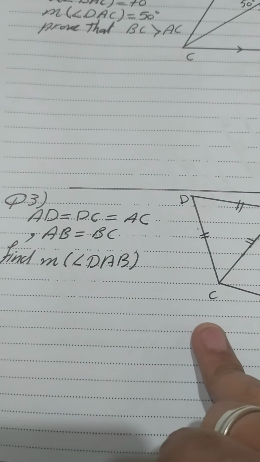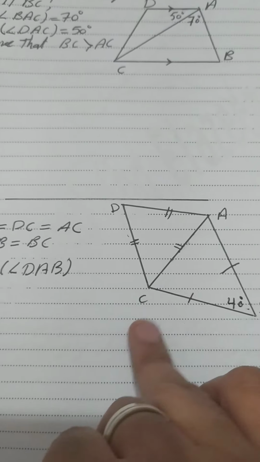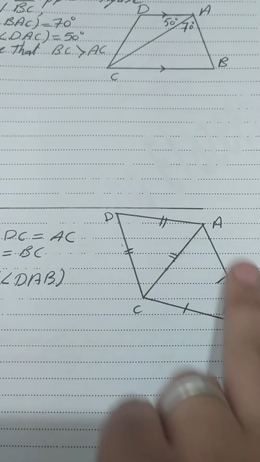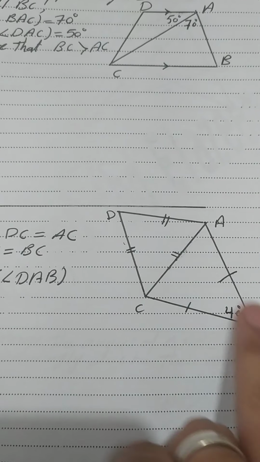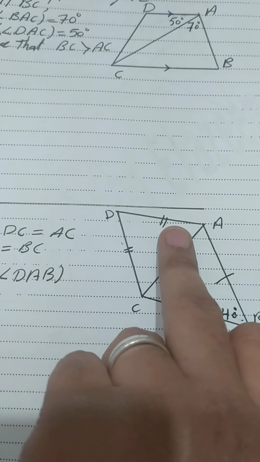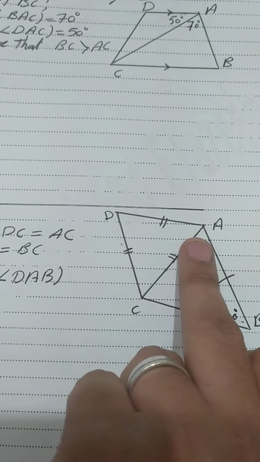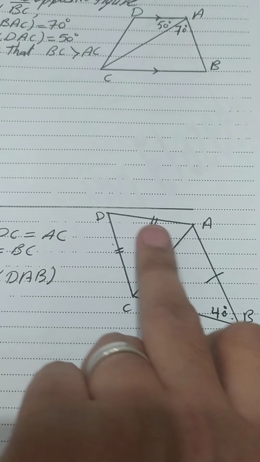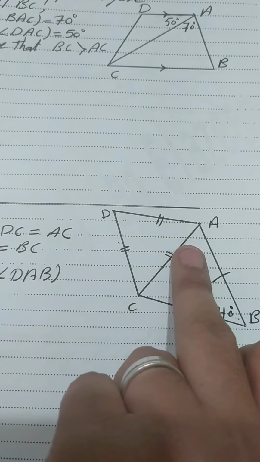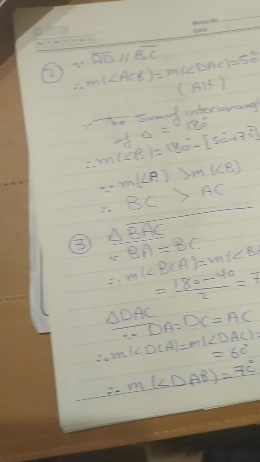I want the measure of angle DAB. This angle consists of two angles. The first, in the equilateral triangle, measures 60, and the other from the isosceles triangle measures 70. Then the measure of angle DAB equals 60 plus 70 equals 130. It's a proof.